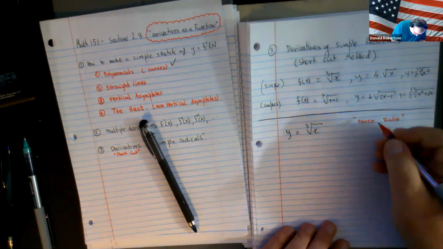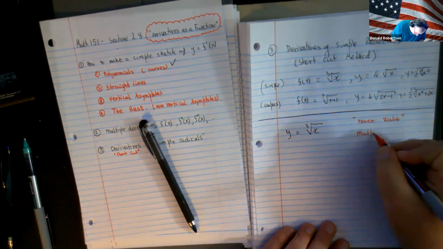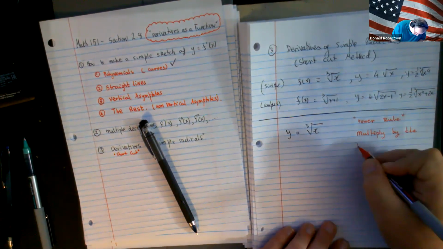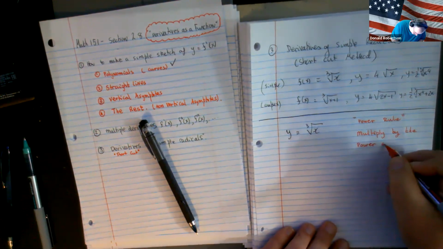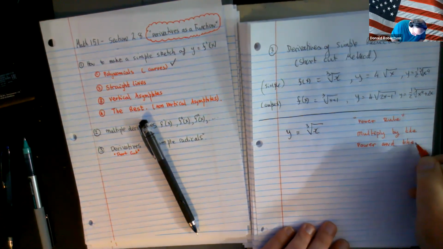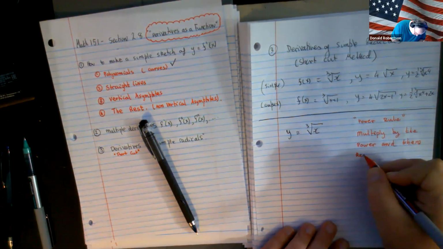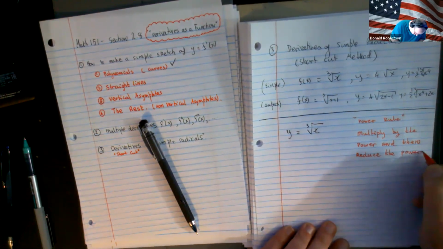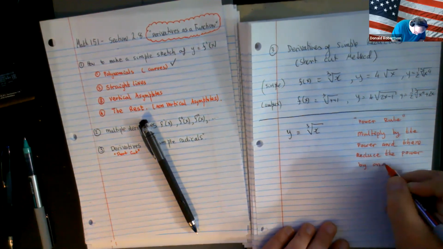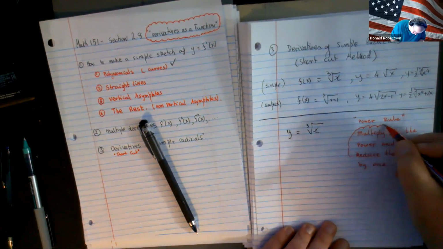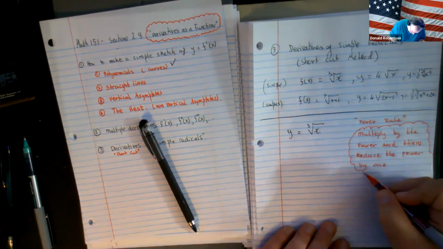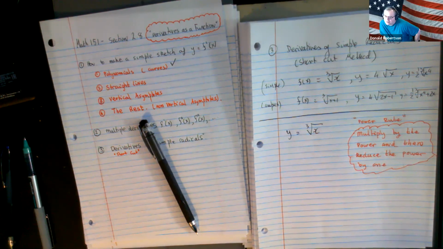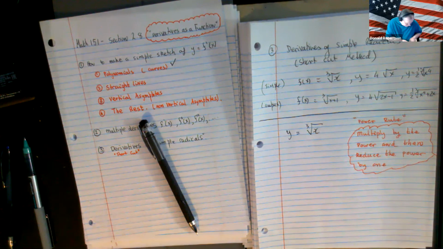And it in English is: multiply by the power, and then reduce the power by 1. In fact, that's pretty much what I say, isn't it? If you kind of play this video back, you'll hear me say multiply by the power and reduce the power by 1, right? I keep saying that. It helps to reinforce the rule.